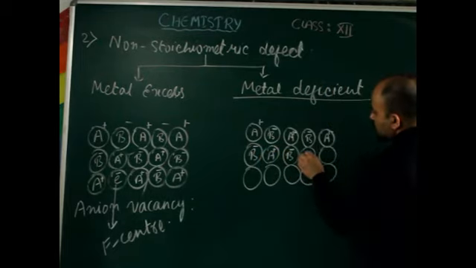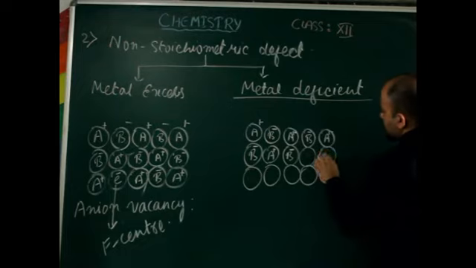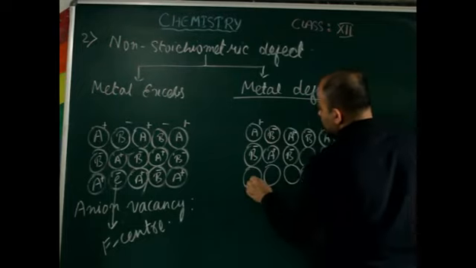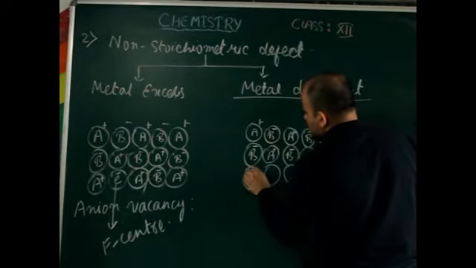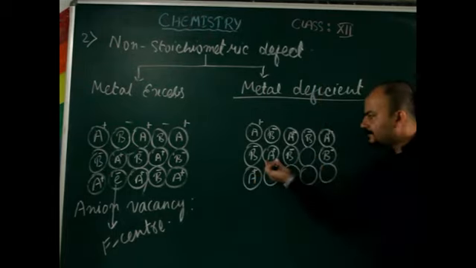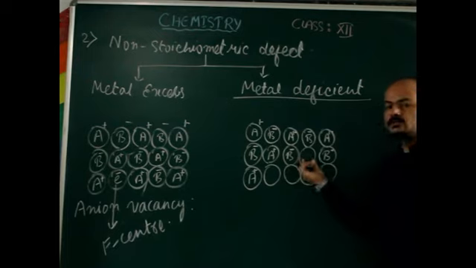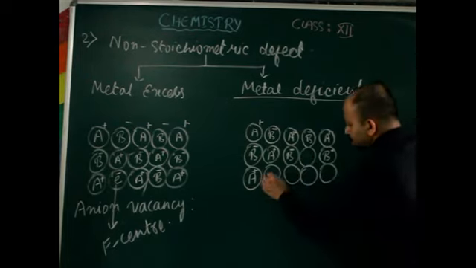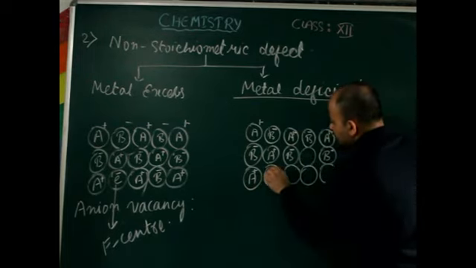Now suppose this was supposed to be occupied by A positive. Now this cation has left. Because of that, you will see over here, this is unoccupied now. It was supposed to be occupied by A plus, that is the cation, but it is unoccupied. And here you have B negative.